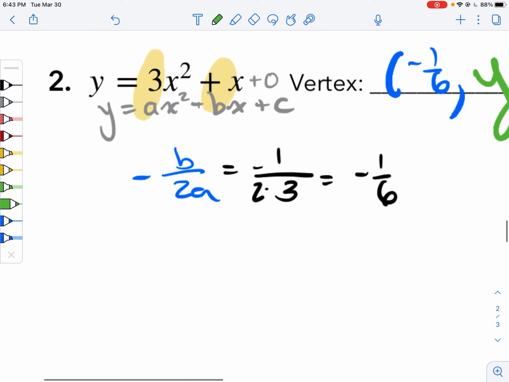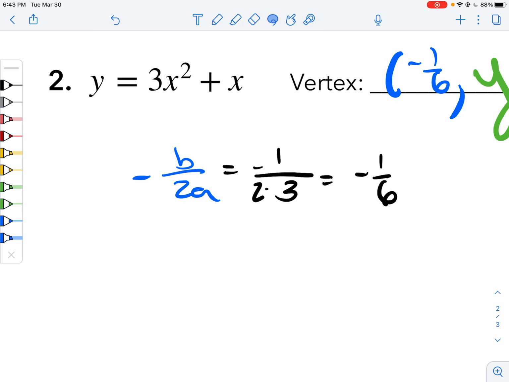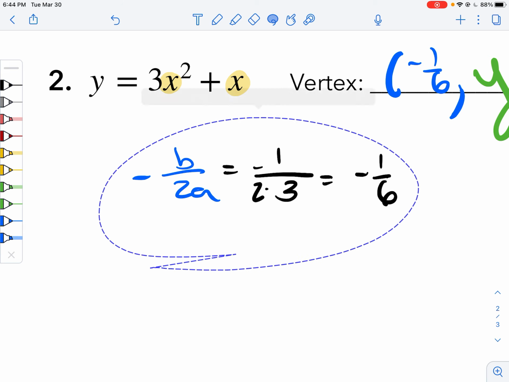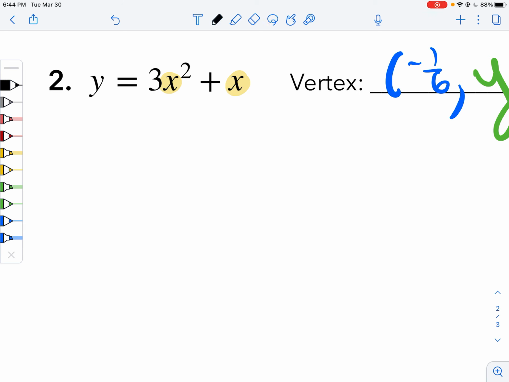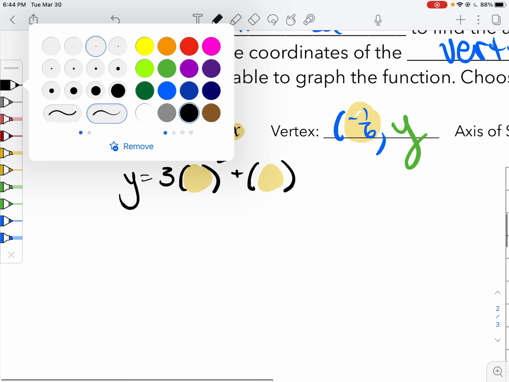If only we had some nice formula here to help us figure out what y equals when x equals negative 1/6. Oh wait, we do. Okay, so y equals 3 times whatever x is squared plus whatever x is. Oh, but what is x? It's negative 1/6.